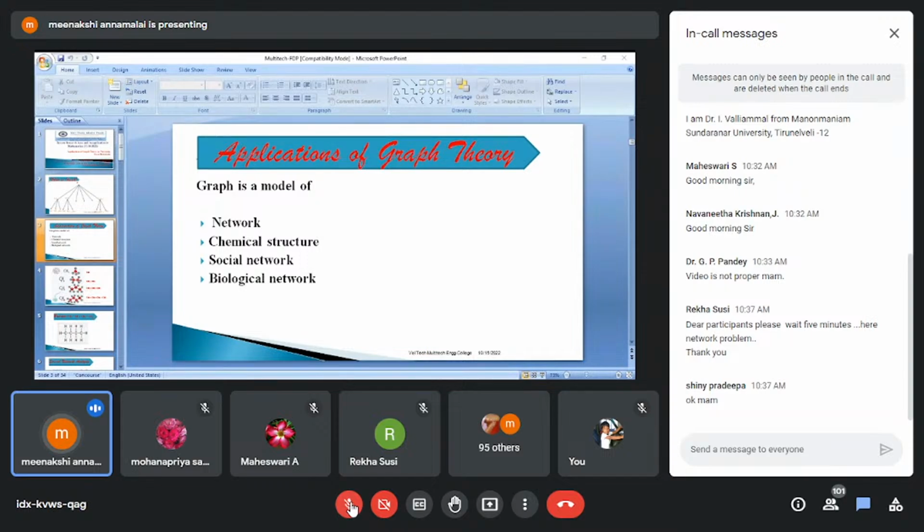Today my title is Applications of Graph Theory in Networks. So what is a graph? I'm considering an organization.